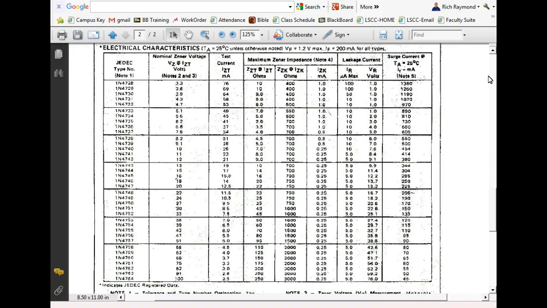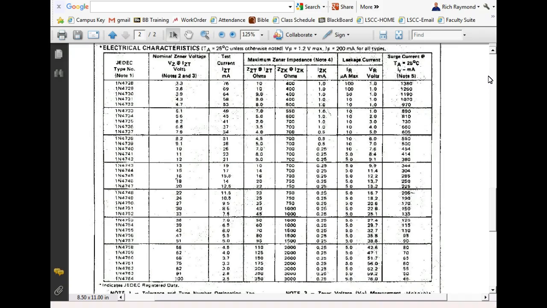These two right here, we're not going to use these. This gives us the actual Zener impedance. We are going to use IZK. So here's IZK. And what else do we need? And that's about all. This is the surge current.